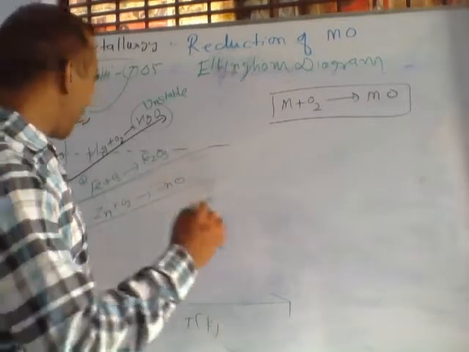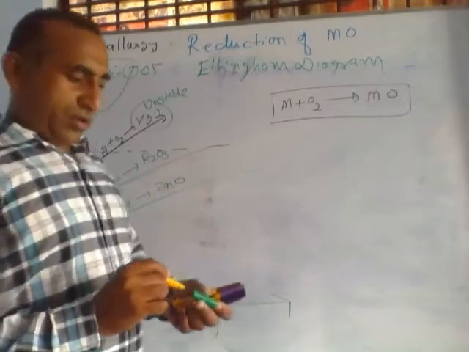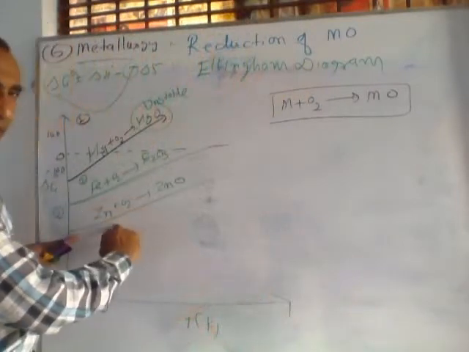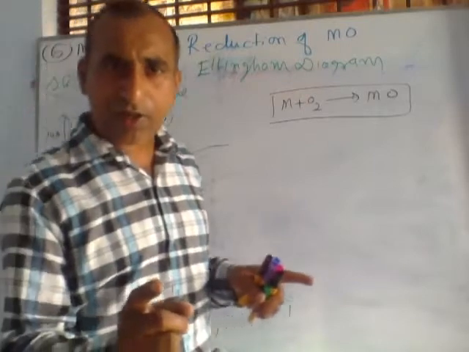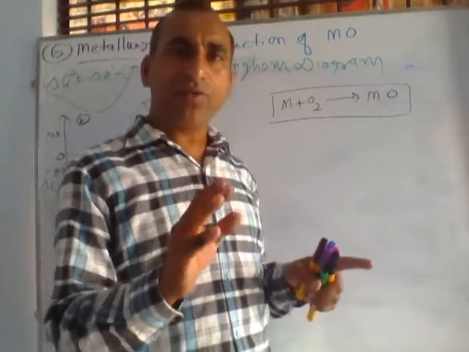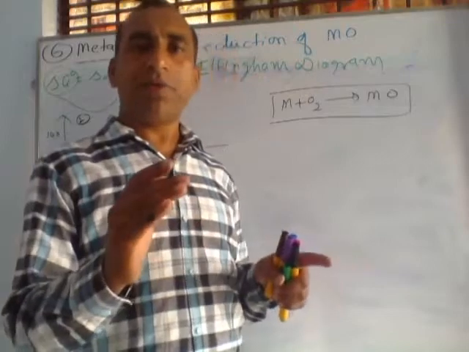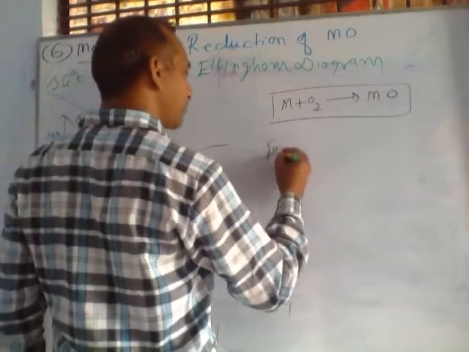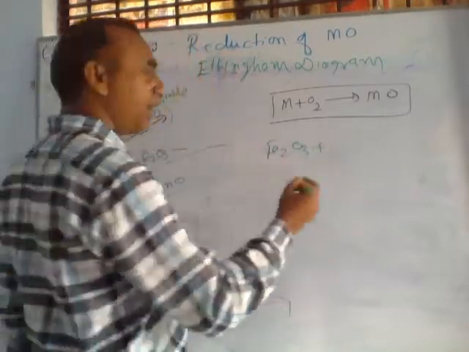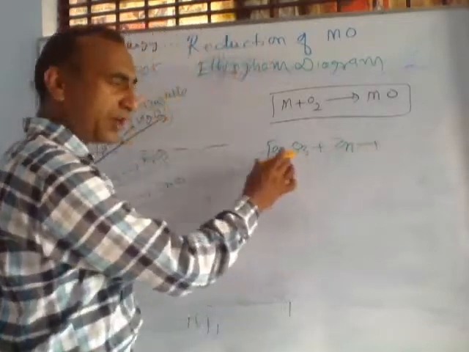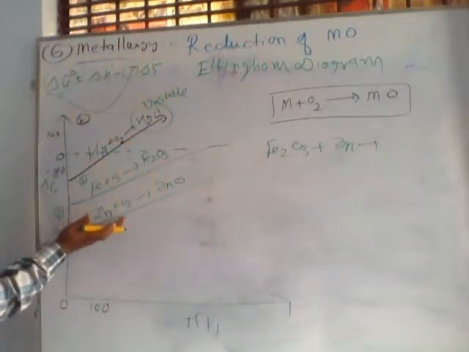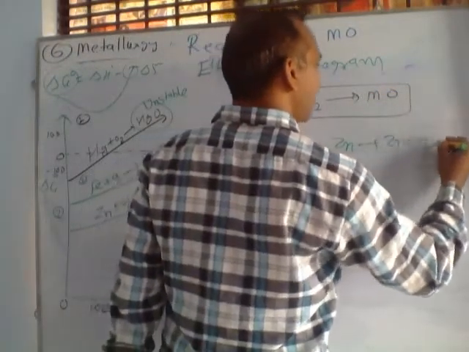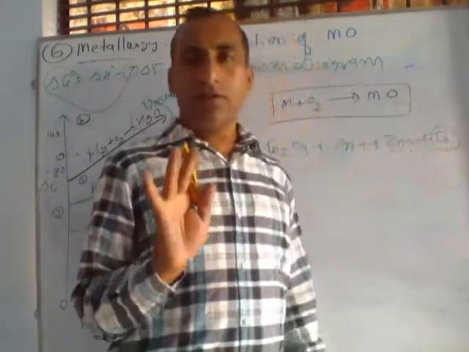The second point indicates that the metal present downside is highly reactive, and this metal can reduce the oxide of a metal present on the top side. It means if we add zinc to the oxide of iron, because the curve for zinc is below that of iron, this reaction will take place and iron will be obtained.